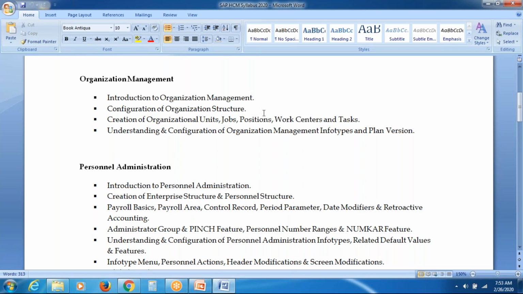Then understanding and configuration of organizational management infotypes, and discussion about the plan version. This is what we are going to discuss and configure as part of org management in SAP HR.